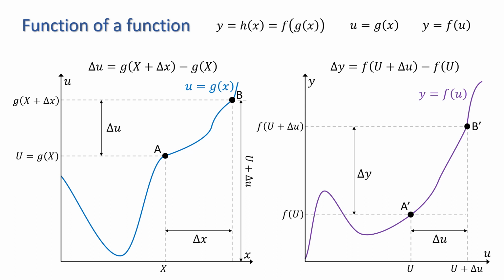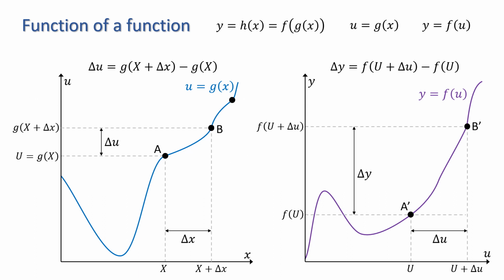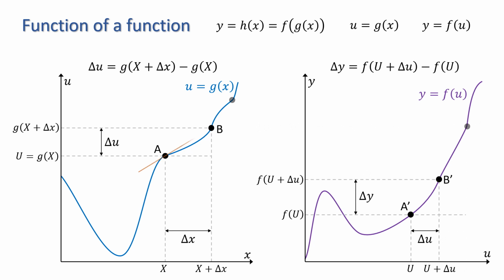Well, as delta x decreases, B moves closer to A. And because B stays on the curve, delta u decreases with delta x. Thus B dashed moves closer to A dashed. We can say that if delta x tends to 0, then delta u tends to 0.